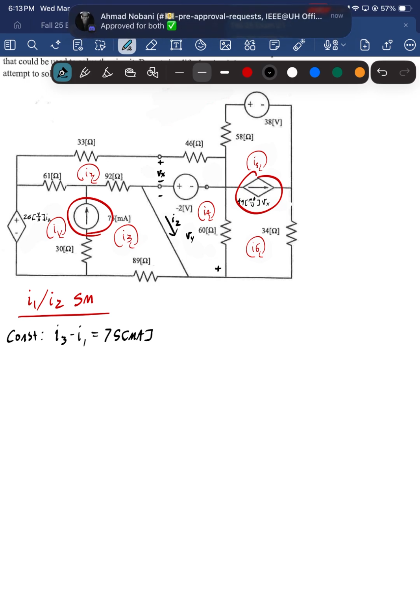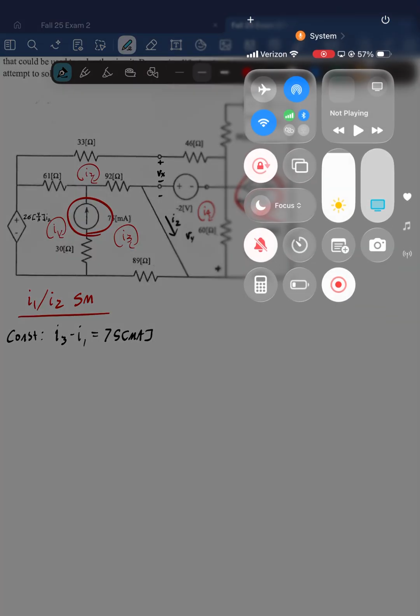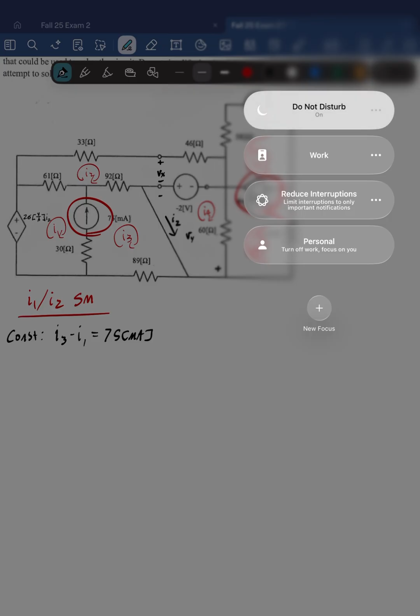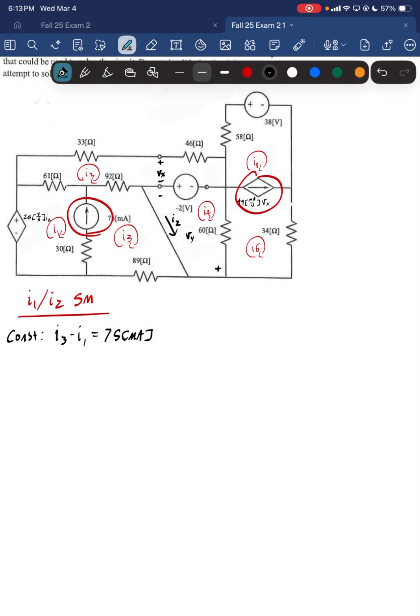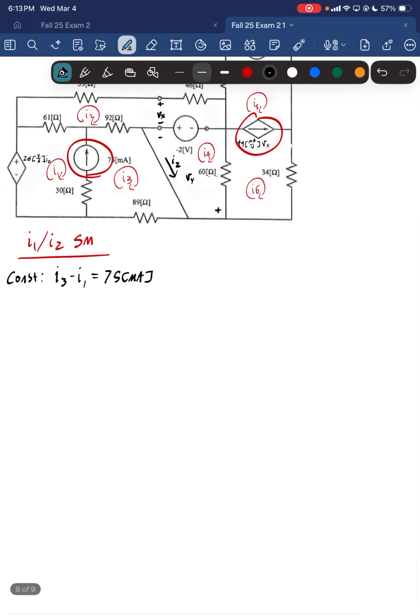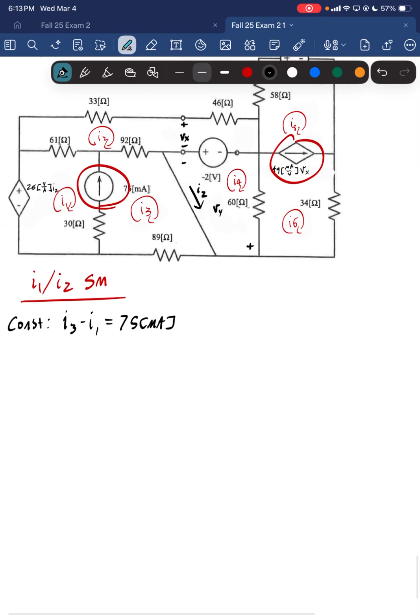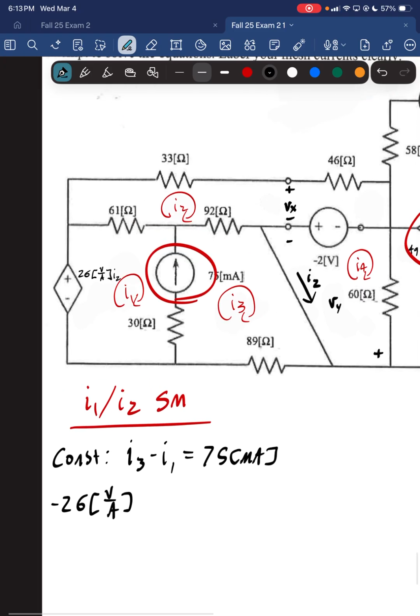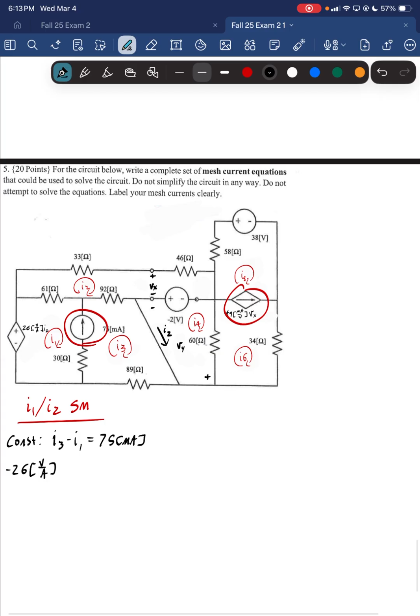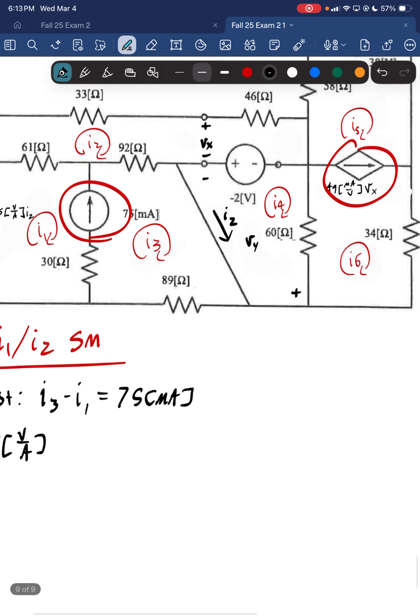Current entering minus current leaving equals the value of the current source. Right? Now we need our big KVL that goes around the entirety of this super mesh loop, omitting the middle branch. Right? That's the big key there. So let's start writing our equation. Let's call it IZ.